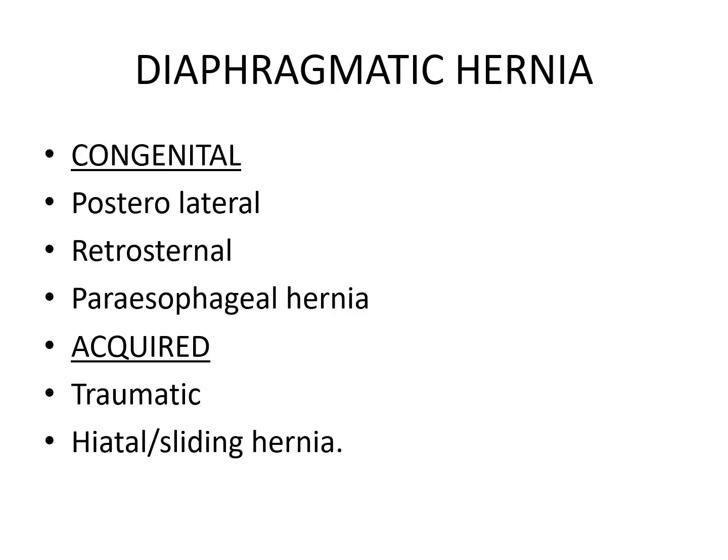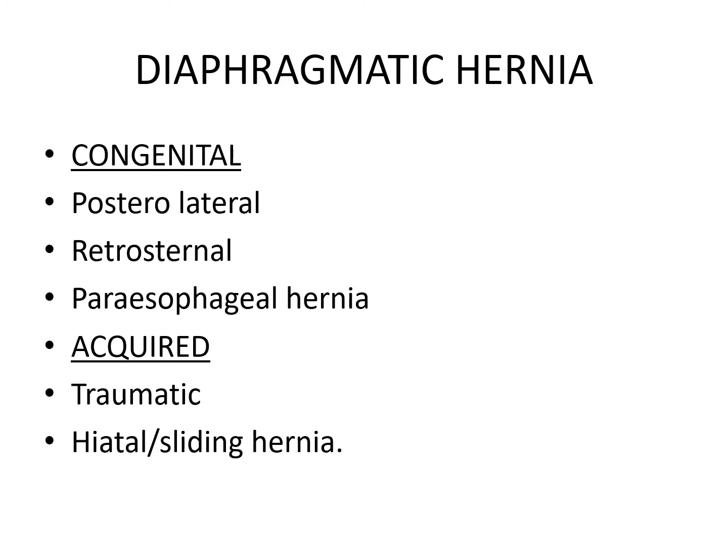Now regarding applied anatomy, the most important part is the diaphragmatic hernia. It can be congenital or it could be acquired. The congenital can be through the posterolateral triangle, so that is called posterolateral hernia. Then retrosternal hernia, that is through the space of Larrey. Then paraesophageal hernia, that is through the esophageal hiatus.